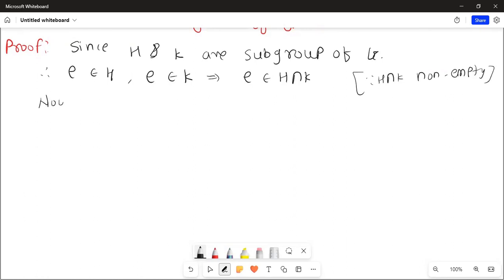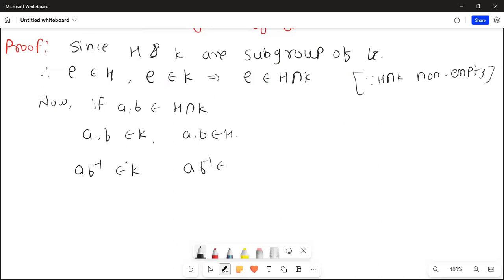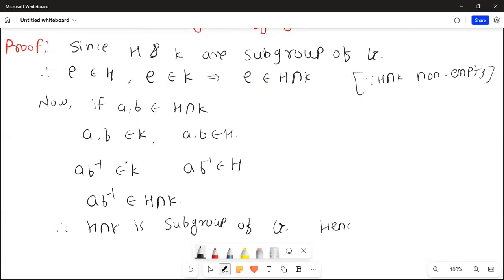Now, suppose a, b belong to H intersection K, then a·b belongs to K, also to H. a·b inverse also belongs to K, a·b inverse also belongs to H. And therefore a·b inverse also belongs to H intersection K. And therefore H intersection K is a subgroup of G. And hence proved.